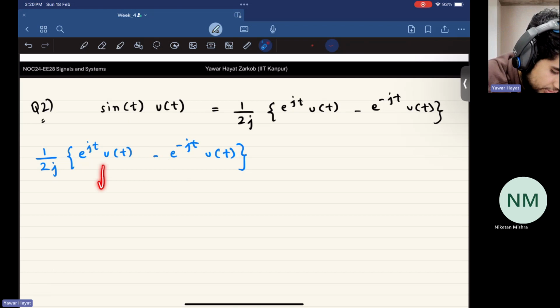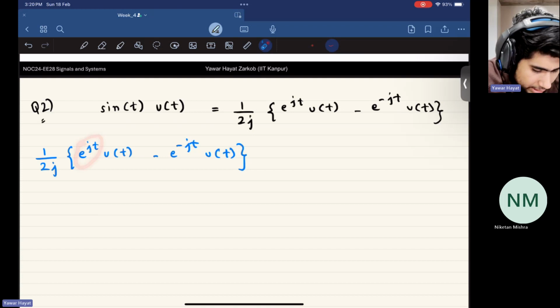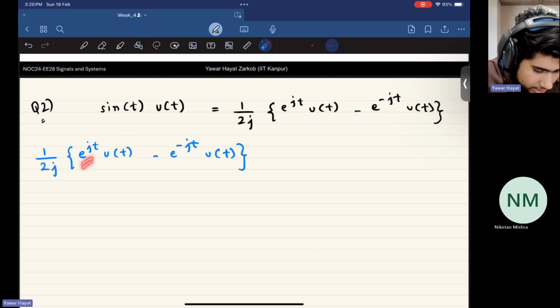What is the Fourier transform of this? You are multiplying e to the power jt in the time domain. I know the Fourier transform of u of t, right? And I'm multiplying e to the power jt to that in the time domain.